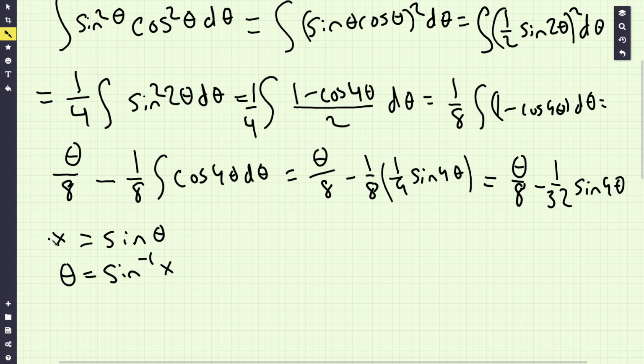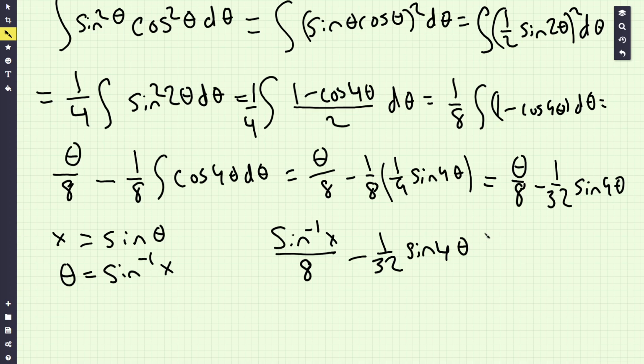Just take the inverse sine on both sides, the sine and inverse sine cancel. So now we can substitute this back in. So first we have sine inverse x over 8 minus 1 over 32 sine 4 theta. I'll just leave that there.